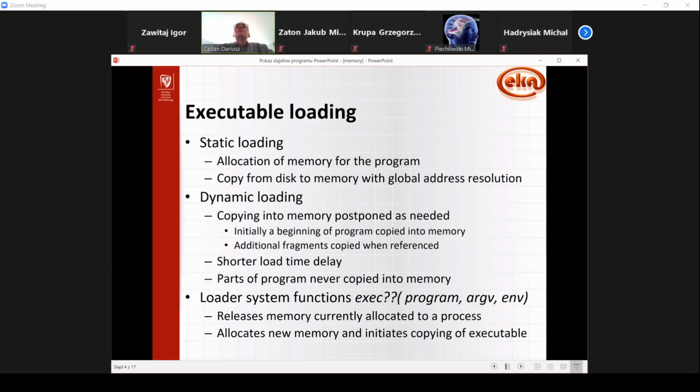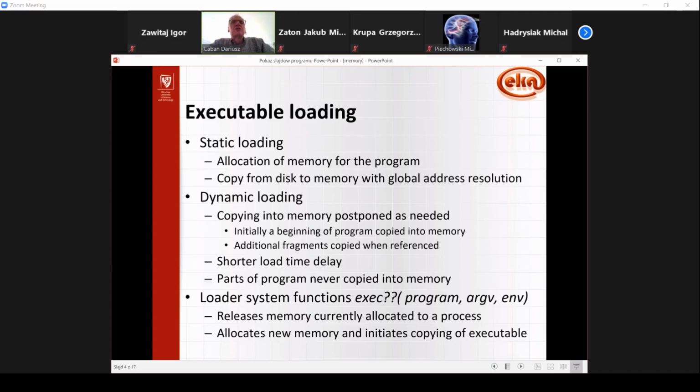But what is even more important is that lots of the code in a program might never be used. Nowadays programs are quite complicated. They offer a lot of features, and users often don't use most of them.